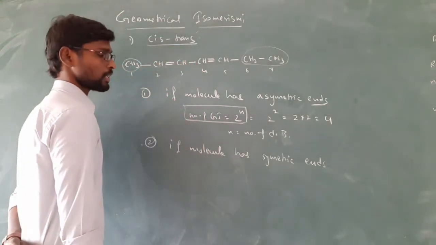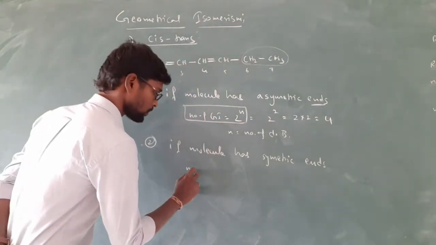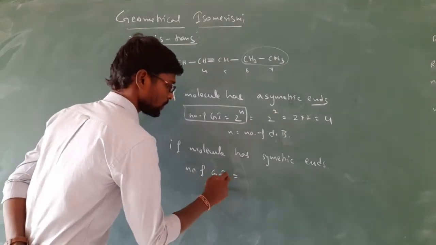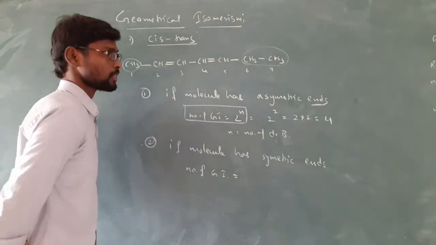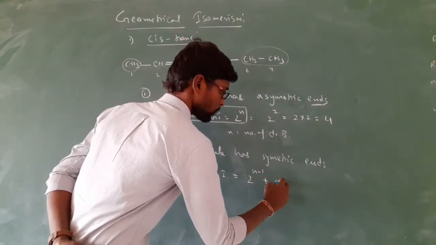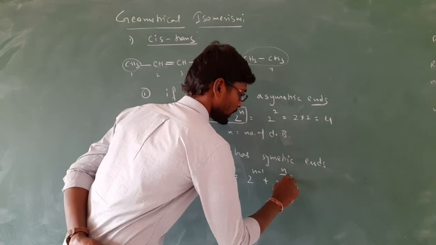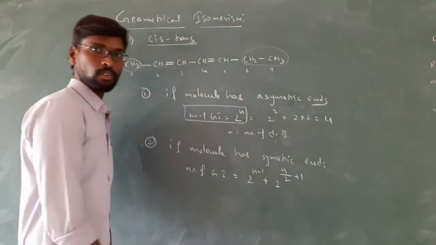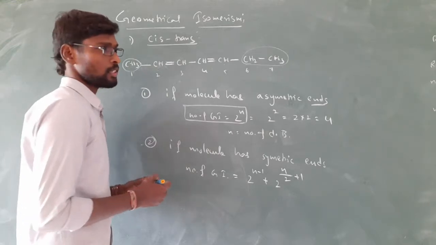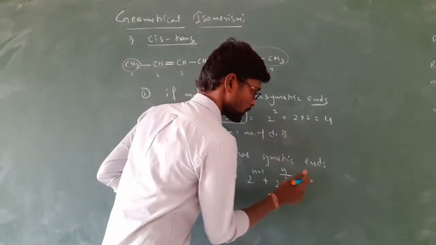So with symmetric ends, what happens here? The number of geometrical isomers is equal to 2 to the power n minus 1 plus 2 to the power n by 2 plus 1. Sorry, here it is minus 1.